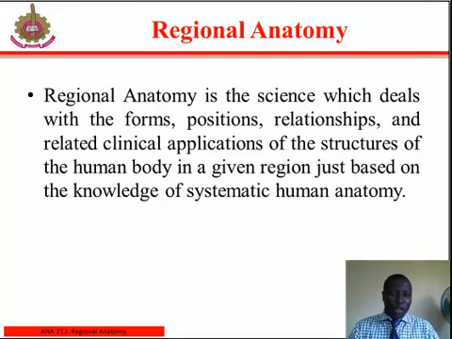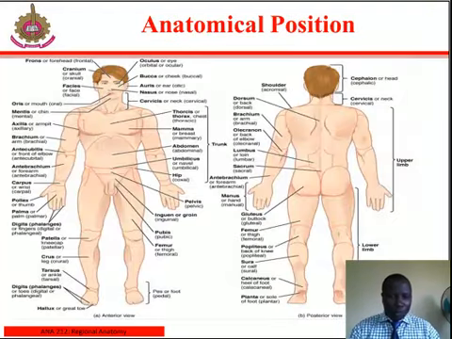Regional anatomy describes each location, the position of each organ, each layer, the related causes, and the interrelationship in the human body. The human body should be divided into 9 parts: the head, the neck, the upper limbs, the lower limbs, the thorax, the abdomen, the pelvis, the perineum, and the vertebral region.